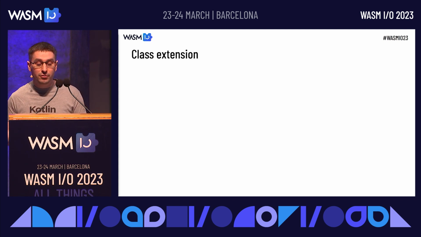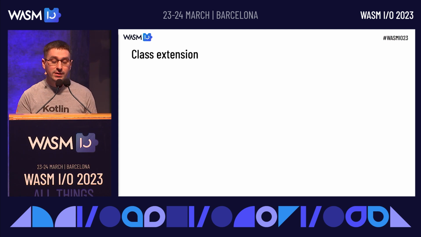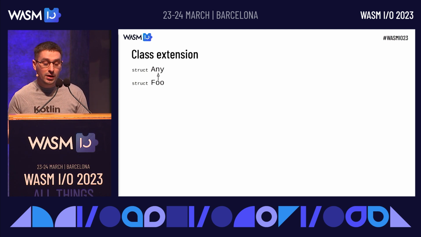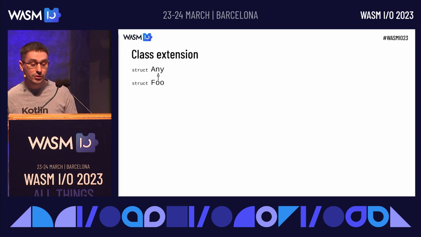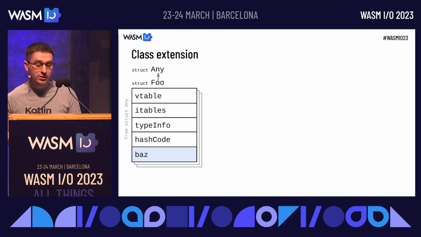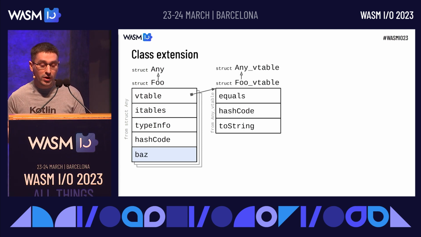Let's introduce another class Foo, which extends Any with one more field. In Wasm, we extend the Any structure, repeat fields from Any, and introduce the new one. We also want to change some method and add a new one.